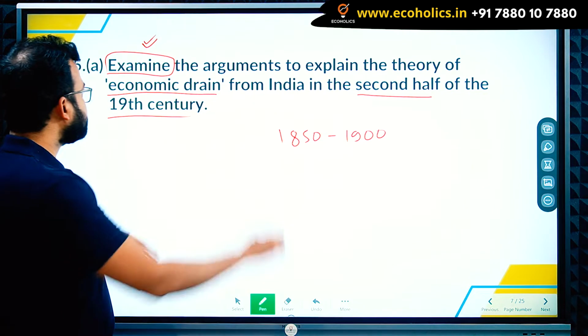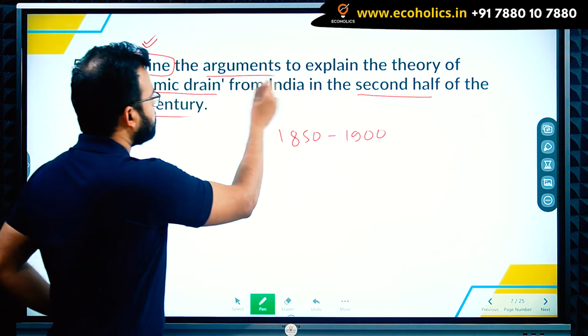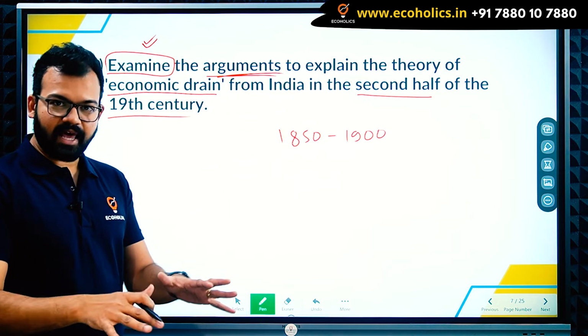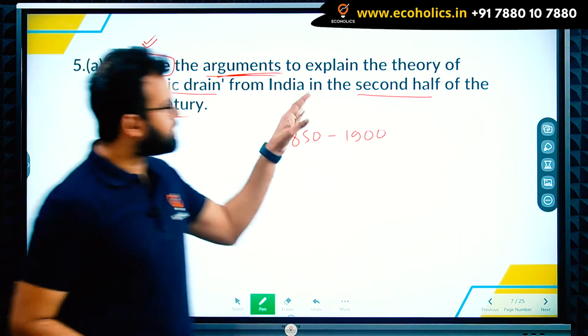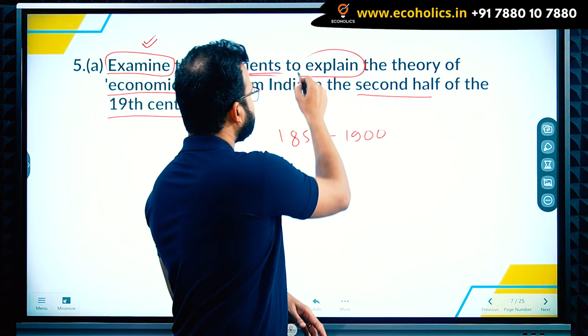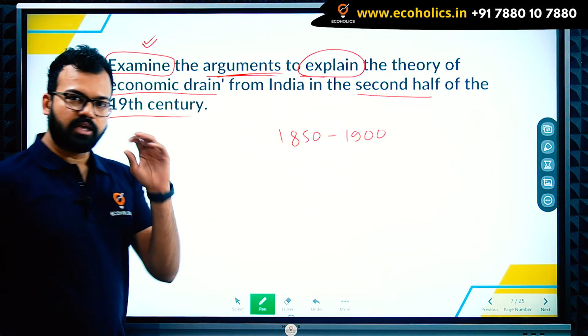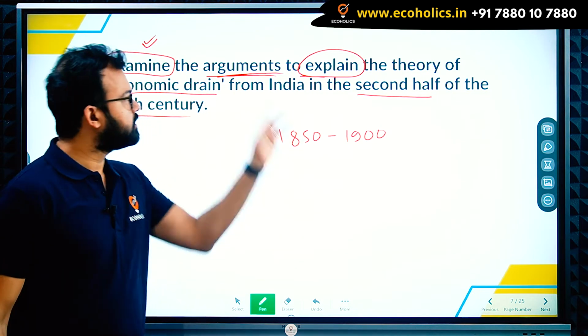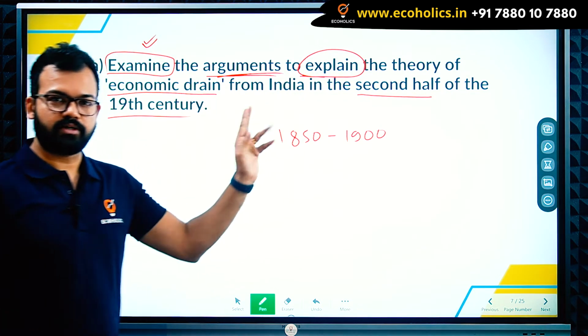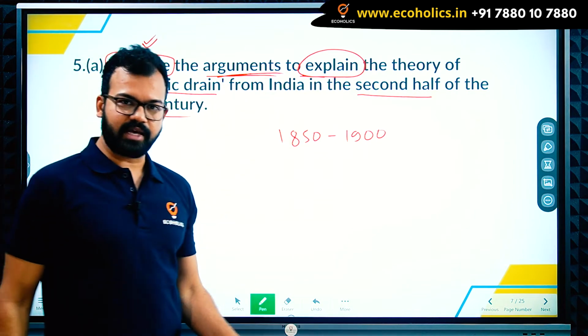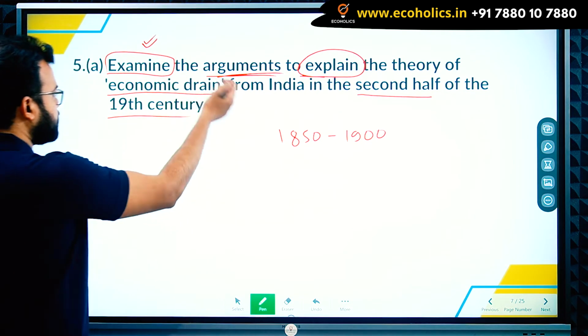And examine the arguments: all the arguments you have to analyze, examine and explain. So don't mention the points as they are; understand the question and then write the answer.